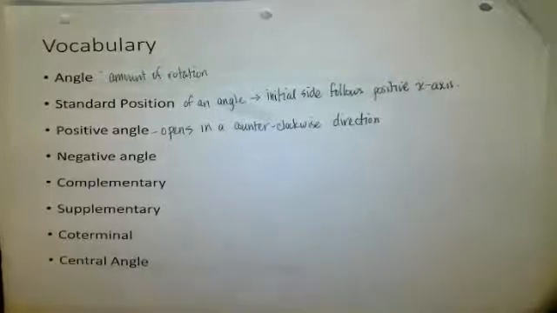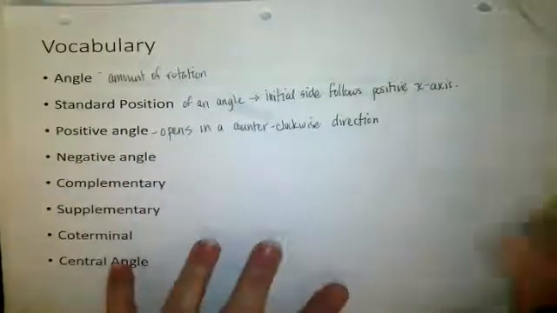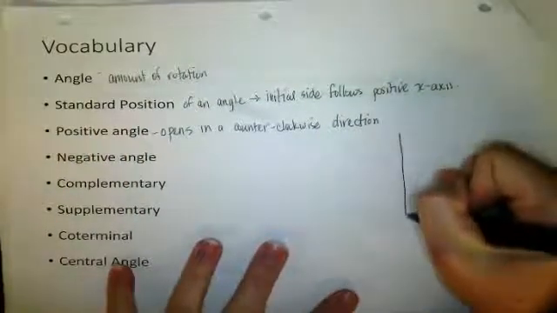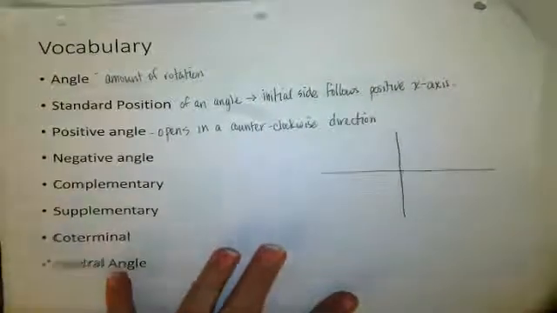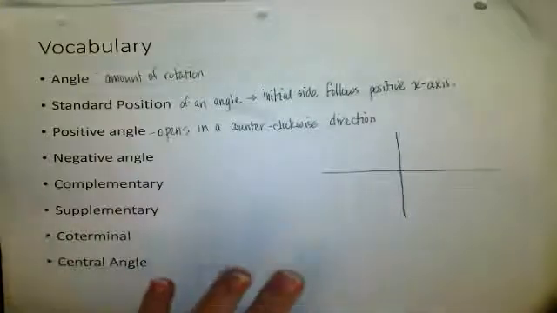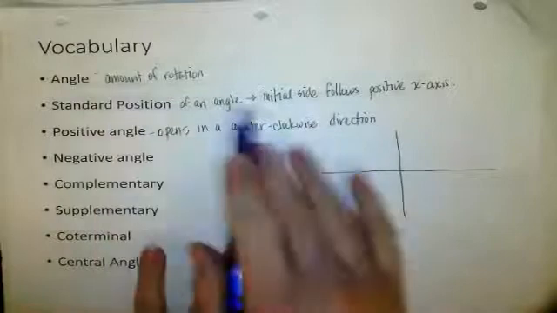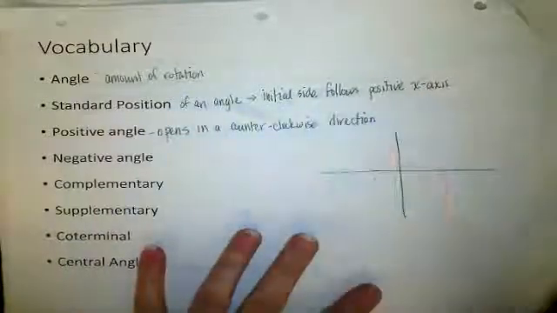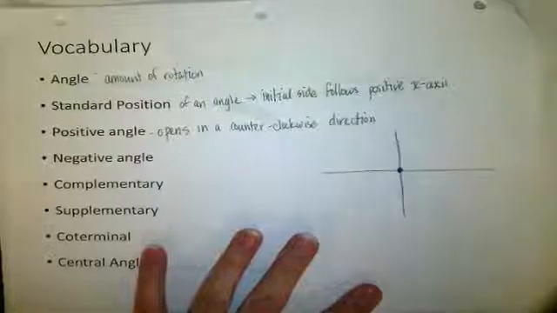All right, so let me give you an example here. First, we want to draw an angle in standard position. Standard position means that I have to have an x and a y-axis. So we're going to make a little sketch here. There's my standard coordinate plane, xy axis. Standard position means the initial side follows the positive x-axis, and we put our initial point at the origin.